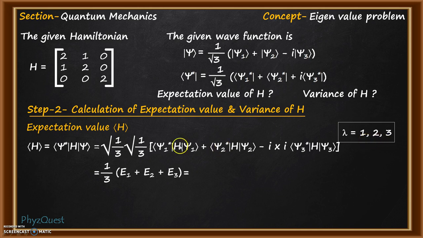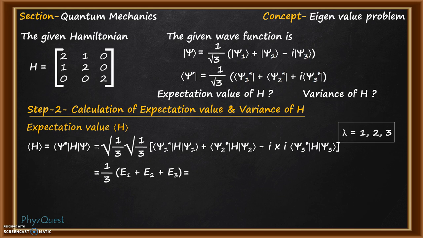Because in this wave function, as you can see, psi 1, psi 2, psi 3 are associated with the same coefficient, that is 1 by root 3. So since they have the same coefficient, whatever value you put for any of them, we know the three values and we can choose whichever value for whichever one. That will not alter our final answer.